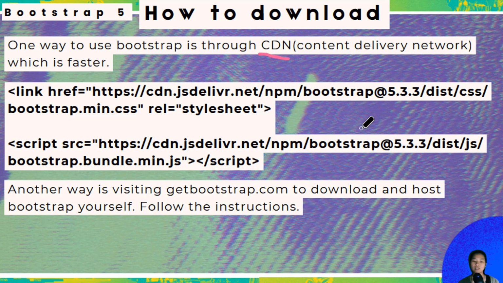And another way of employing Bootstrap is to go to the website and download it directly from the website, following the instructions based on your operating system, your laptops or PCs or whatever, it comes specific like that. So it'll make your job in coding much easier.